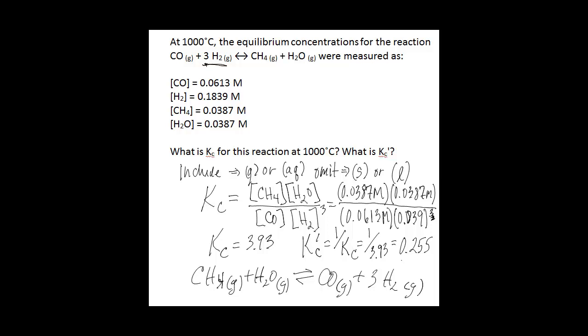So the value 0.255 would actually be the Kc value for this equation, but it's the Kc prime value for that initial equation for which we initially solved for the Kc.